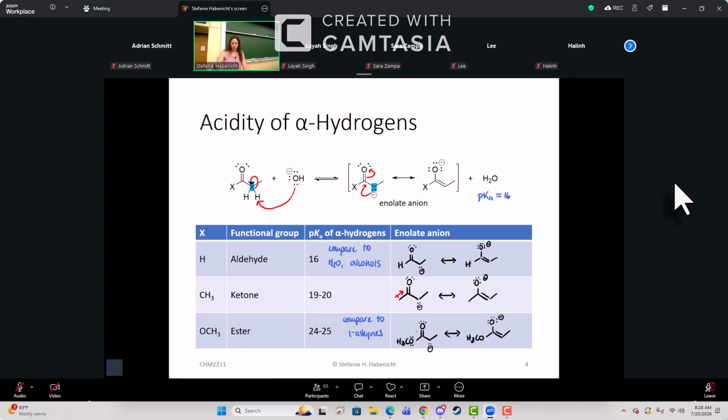We know that our oxygen here in our methoxy group is also electron donating through resonance. So there's a bit of a competition going on between electrons being donated from here versus from here. So this electron donating effect of our methoxy group, specifically this oxygen, destabilizes this enolate anion compared to that formed from the ketone or that formed from the aldehyde. Less stable enolate anion means our parent carbonyl compound, our original acid, must be less acidic.